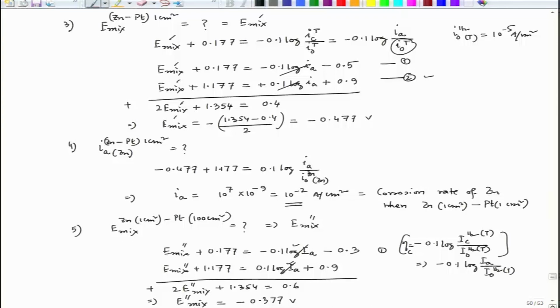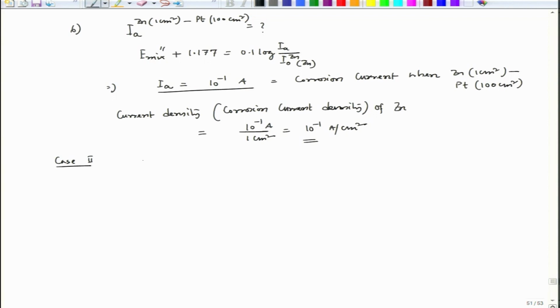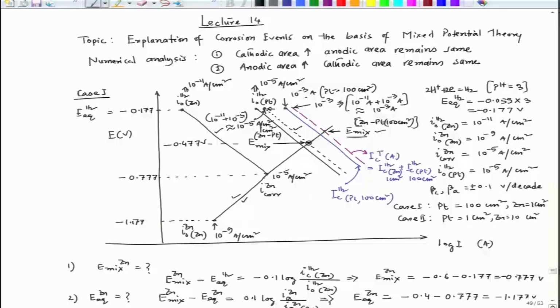This is case 1, and case 2 is where zinc area is 10 centimeter square and platinum area is 1 centimeter square. In that case, if we plot everything in the red color, this point will not change for 1 centimeter square area, but once zinc is changed to 10 centimeter square, this will come here.